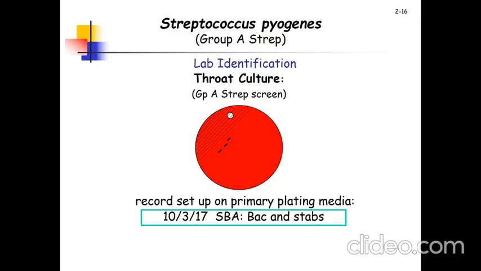So you would streak out quadrant 1 with that swab, toss that swab, and then you would pull out your loop and you would streak out quadrants 2, 3, and 4. And then I would go back and take a little bit out of quadrant 1 and stab it in. So after you've done those stabs, you then drop a disc in the top of quadrant 1 and record that you have just set up primary plating media for a throat culture.